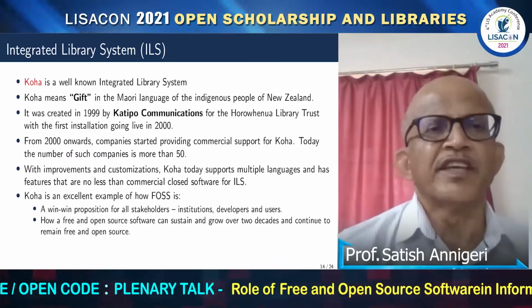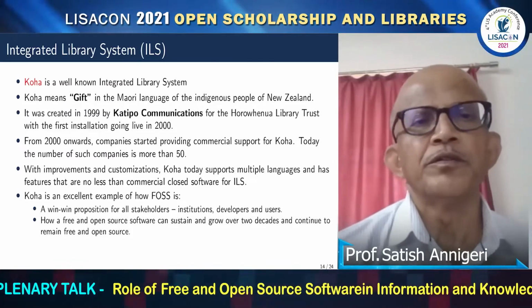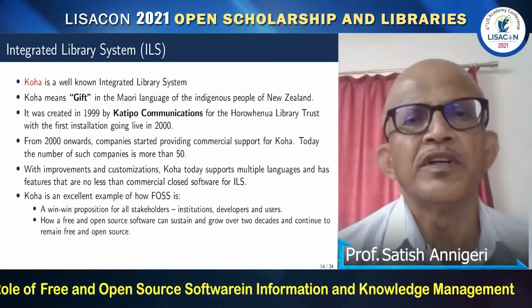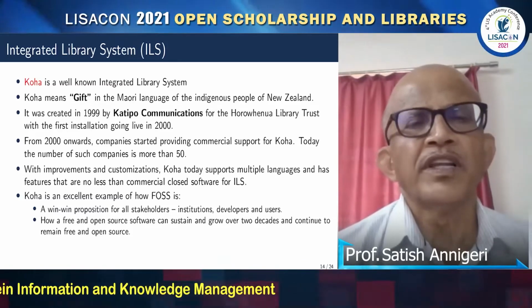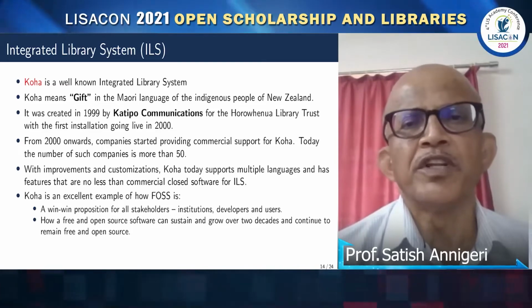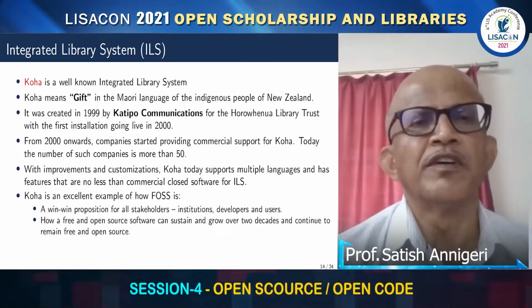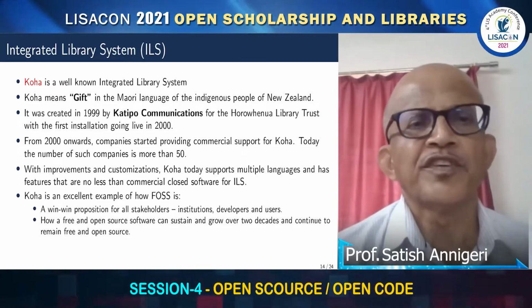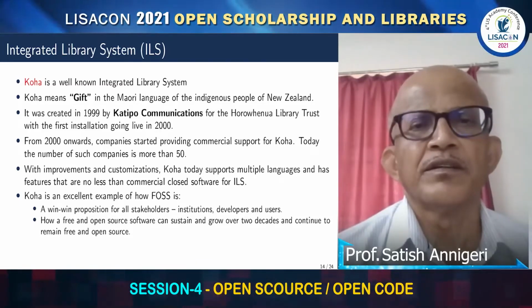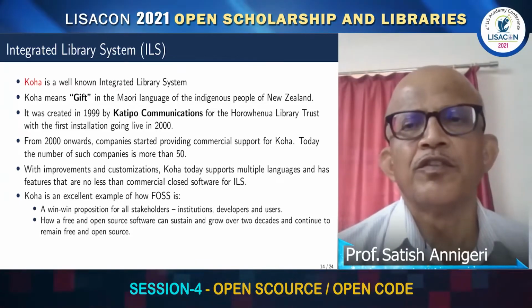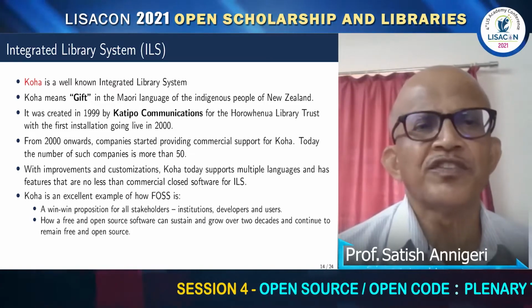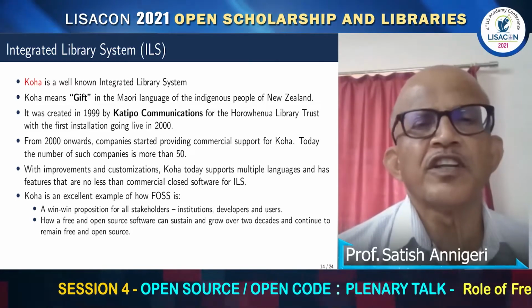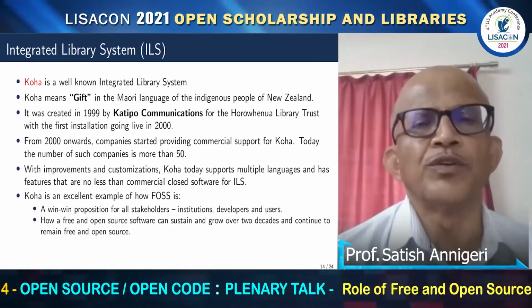Let me first take the example of Koha, which is a well-known integrated library system. The word koha literally means gift in the Maori language of the indigenous people of New Zealand. It was created in 1999 by Katipu Communications for the Horowhenua Library Trust, and the first installation went live in 2000.